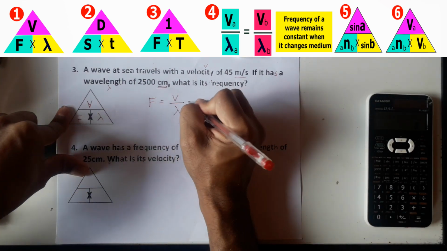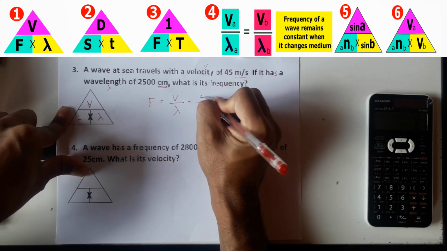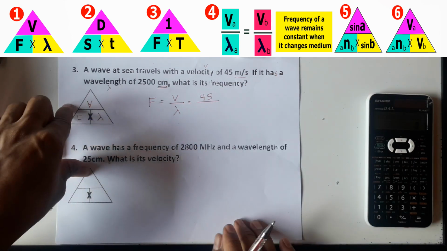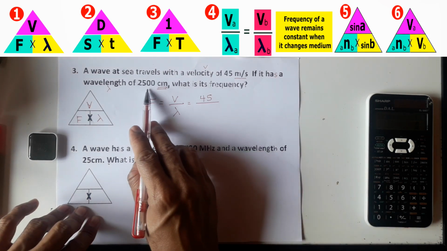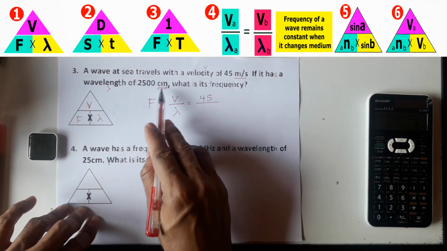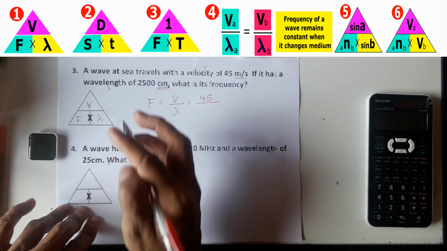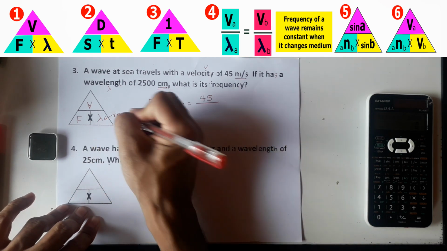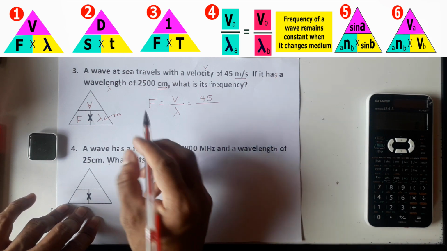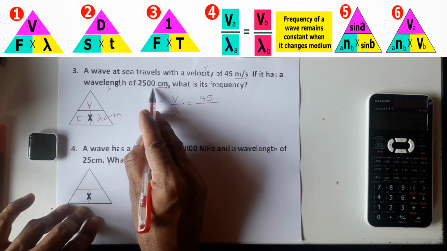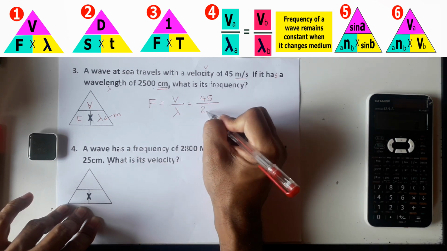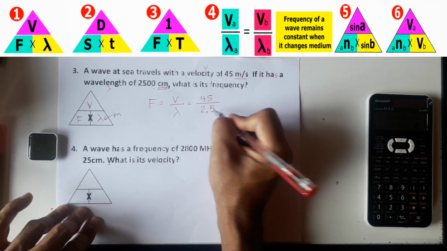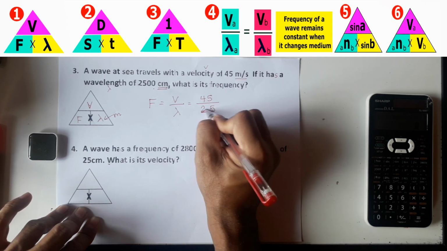So how much is the velocity? The velocity is 45 meters per second, and I stress again, that is the correct units. But they gave us the wavelength in centimeters. For this formula to work, we need to have the wavelength in meters. So all we need to do is take the 2,500 and divide it by 100, because there are 100 centimeters in a meter. If we do that, we will get 25 meters.